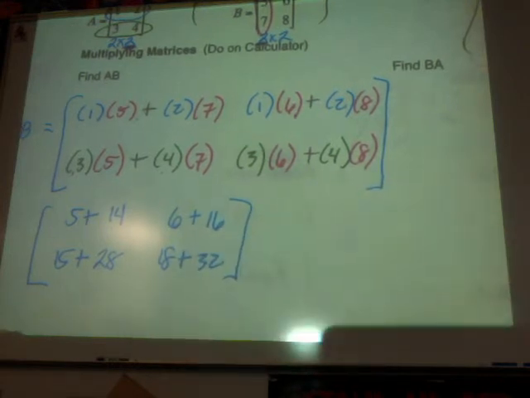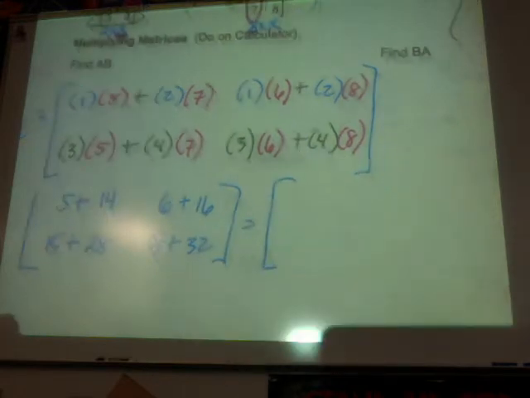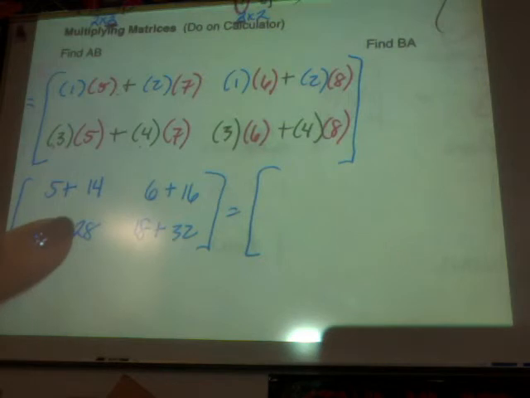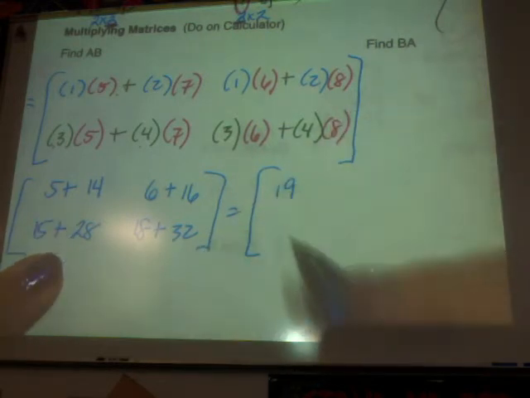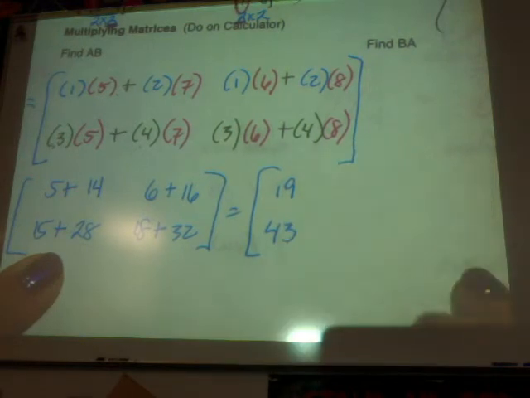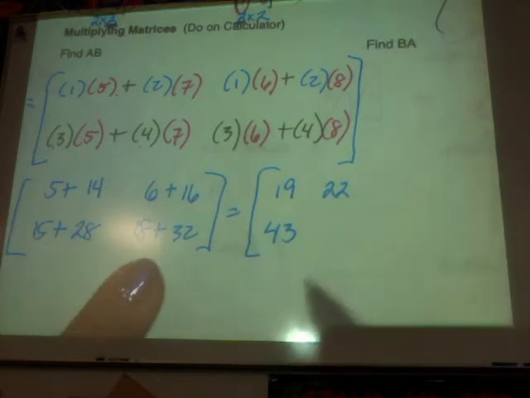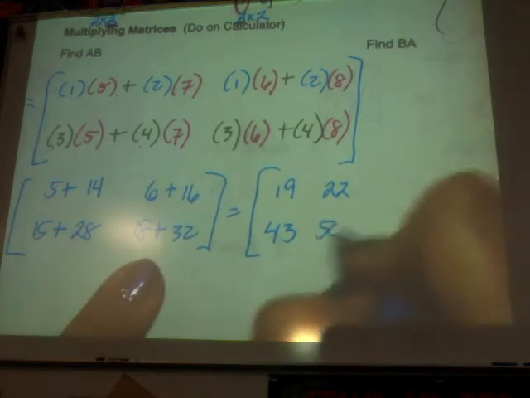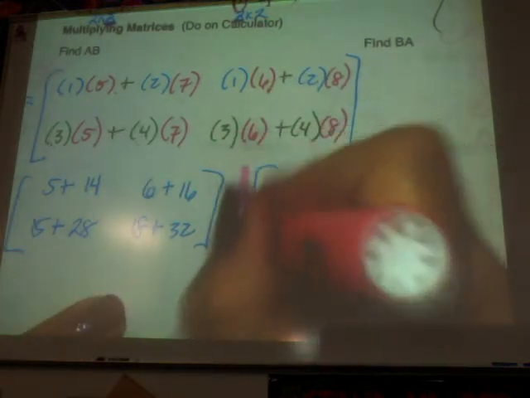And then finally I can do my final addition. This gives me 19, this gives me 43, that gives me 22, and this gives me 50. So this is my final multiplication of A times B.